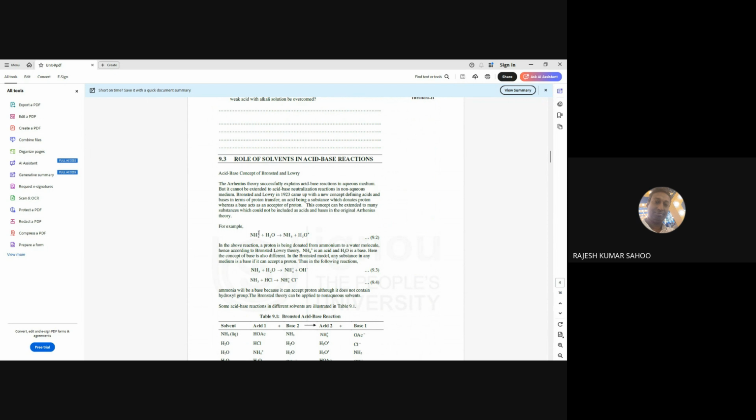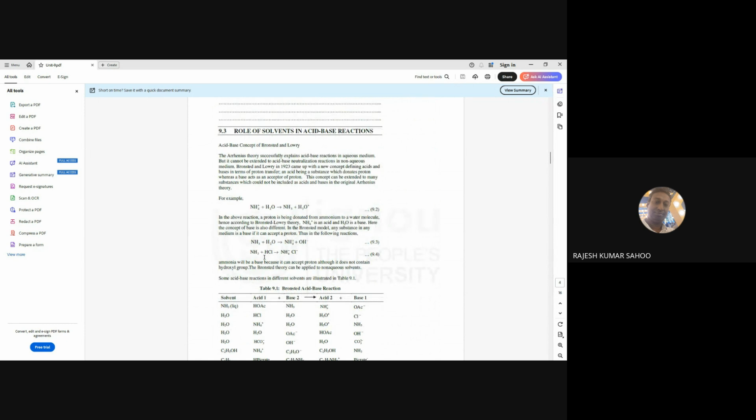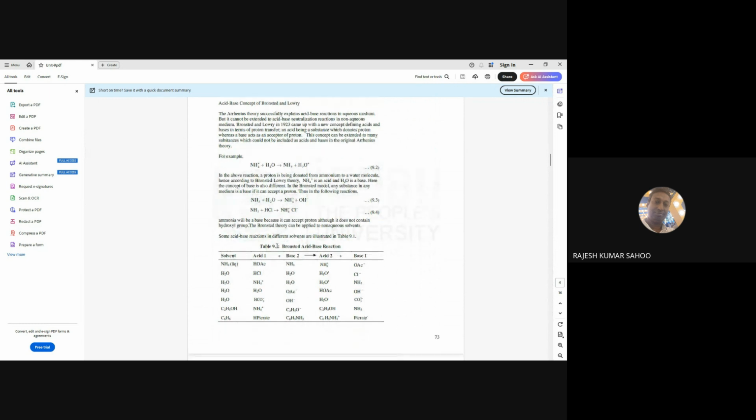So ammonium ion will donate a proton and it gives rise to ammonia and water. So you can see the reactions: ammonia plus water gives NH4 plus OH minus, ammonia plus HCl gives NH4Cl. These two reactions took place simultaneously, and you can see the titration values given here.